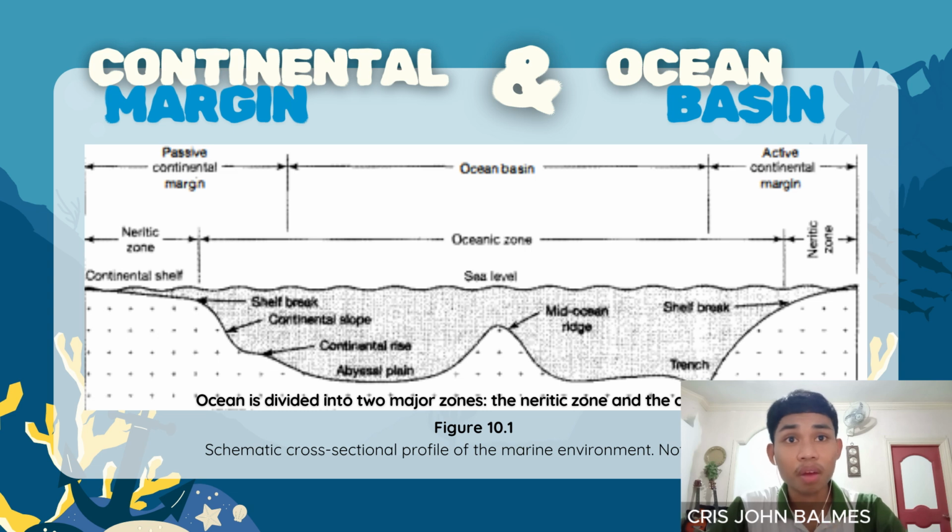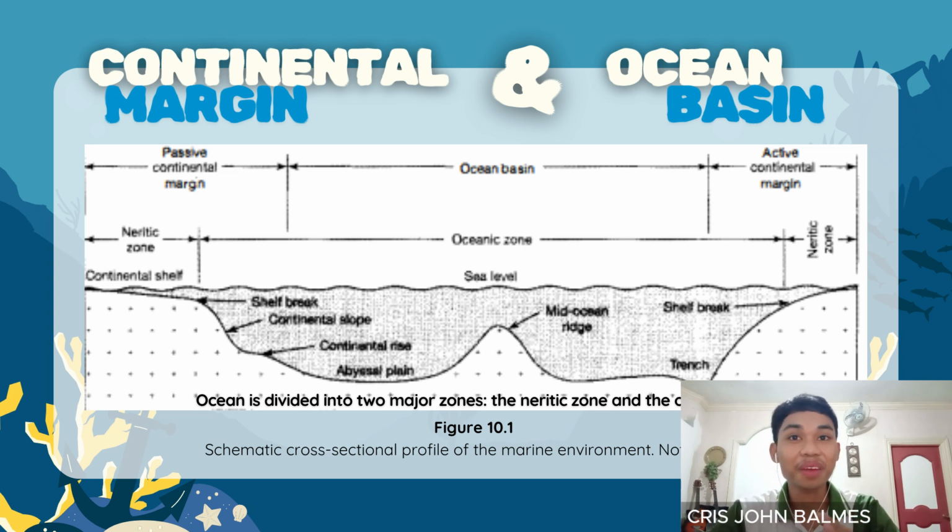And to summarize it up, our ocean is divided into two subdivisions, naming the continental margin and the ocean basin, wherein the continental margin is divided with, that's right, the continental shelf, the shelf break, the continental slope, and the continental rise, whereas our ocean basin is divided with, that is correct, the mid-oceanic ridge, the deep sea trench, and the abyssal plain.